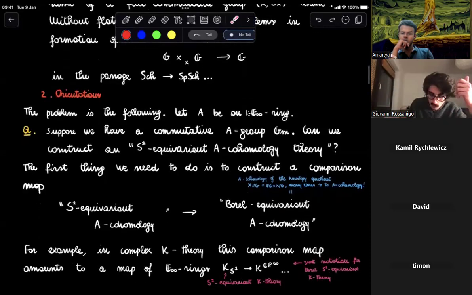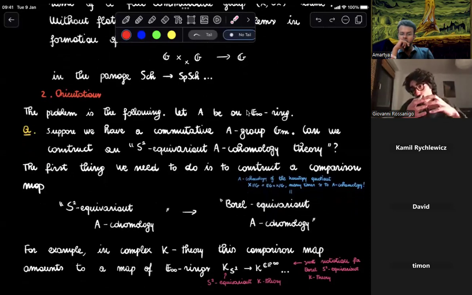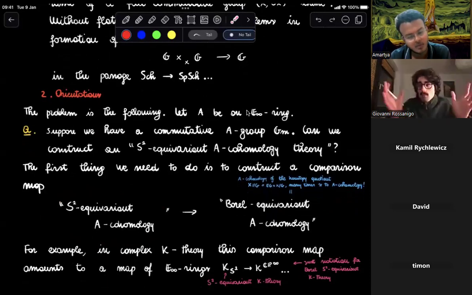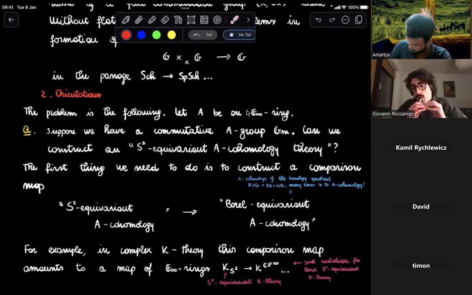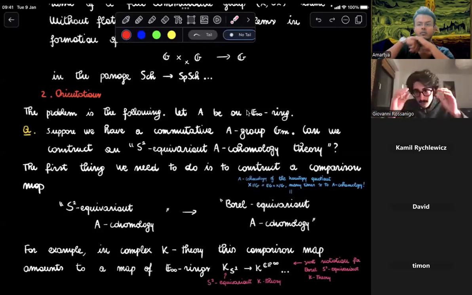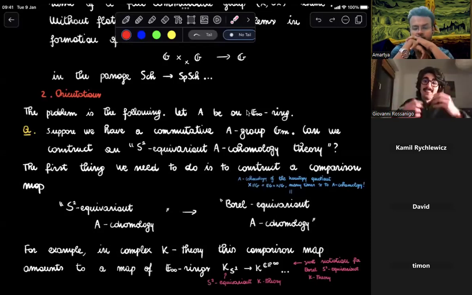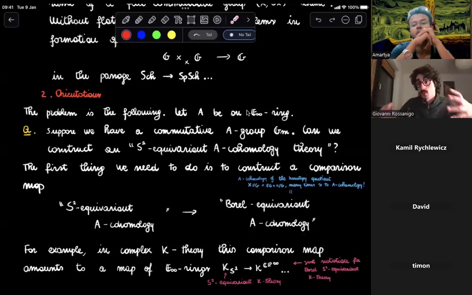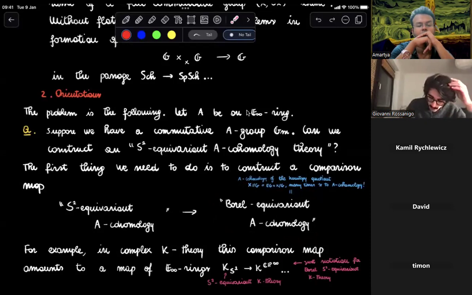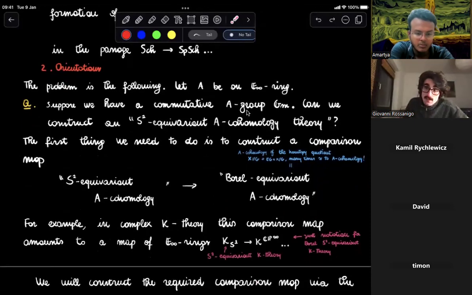And for this reason, we try to construct a new cohomology theory, which is an S1-equivariant A-cohomology theory. The general idea tells you that there should be a comparison map that allows you to understand the naive theory with the simplest thing that you can get from your data. And in the example of K-theory, this is exactly what happens.